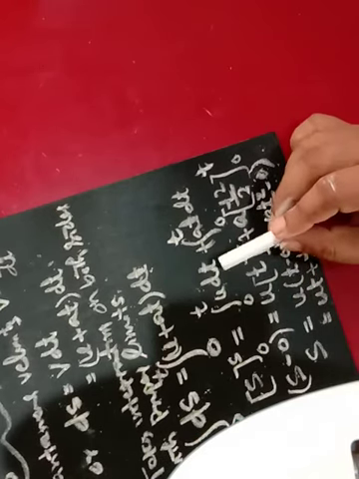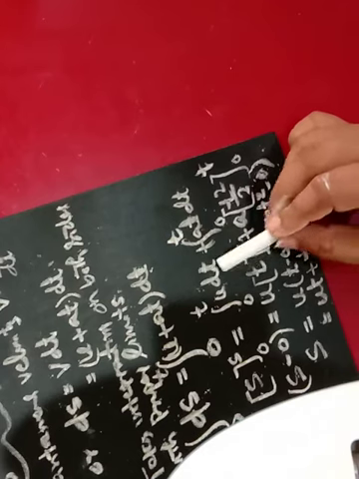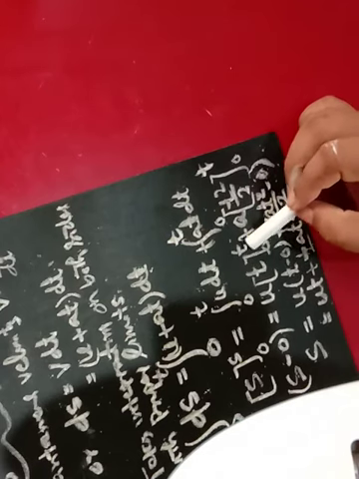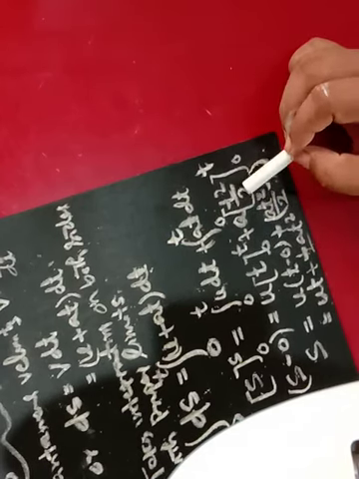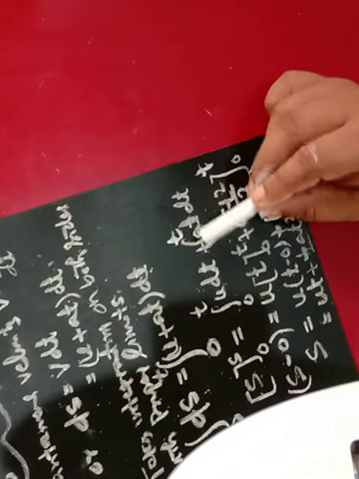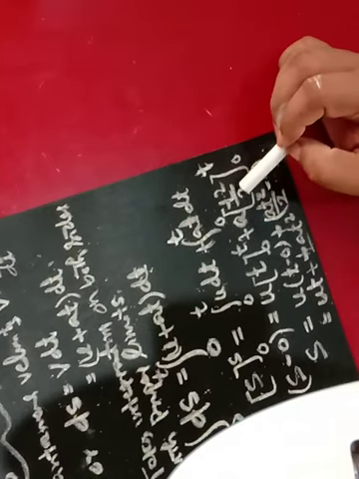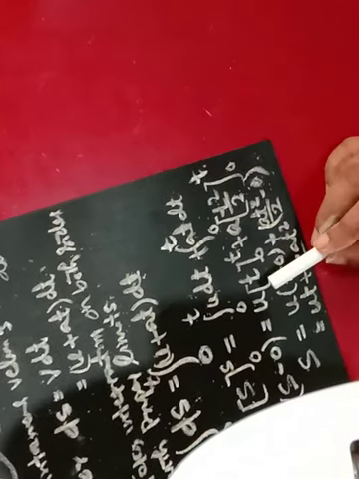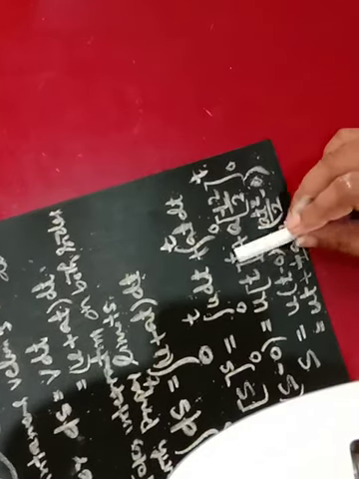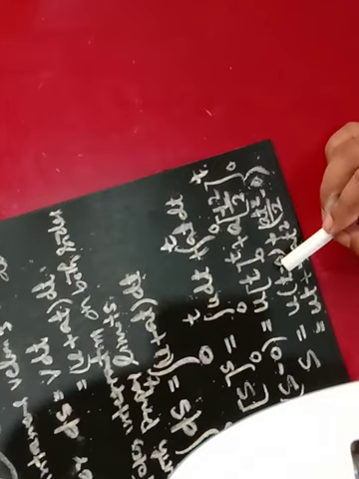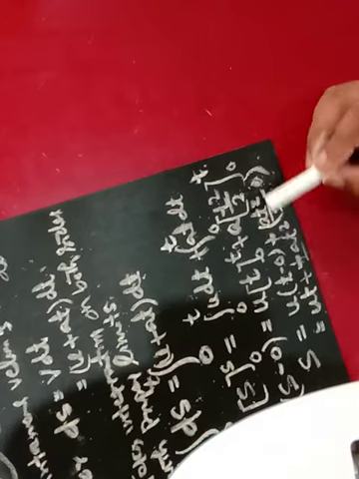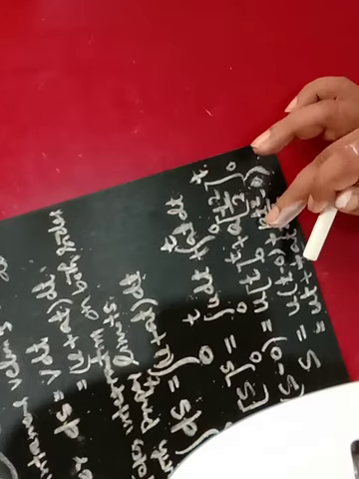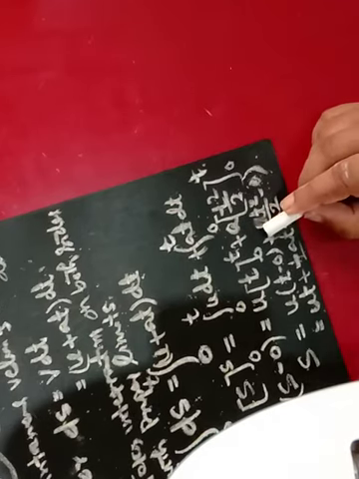So u is taken out, the integration of dt is t, so 0 to t. Plus a, t dt integration is t square by 2, because a is taken out, from 0 to t. Next step, in place of t you are putting t, that is t minus, in place of t you are putting 0, that is t minus 0, plus a can be taken out, no problem, a can be written here, there is no problem.